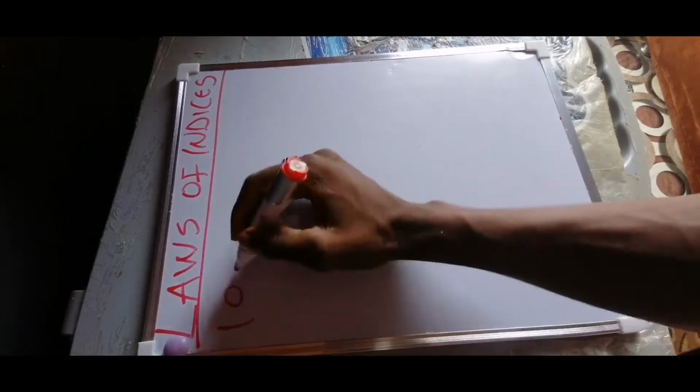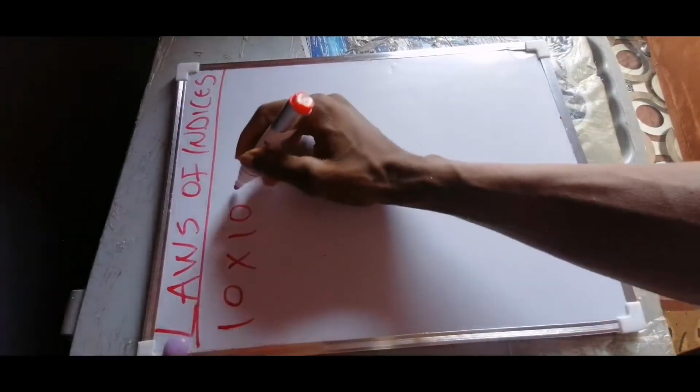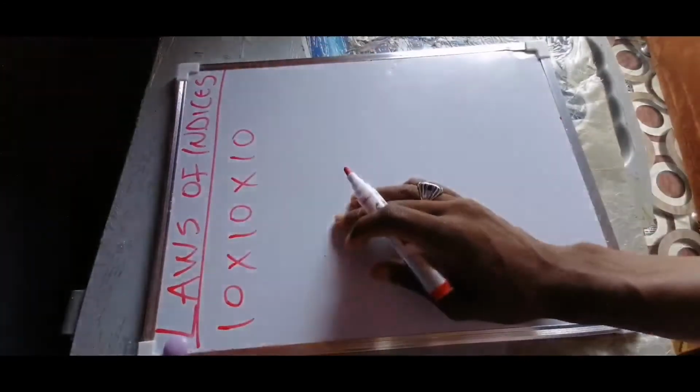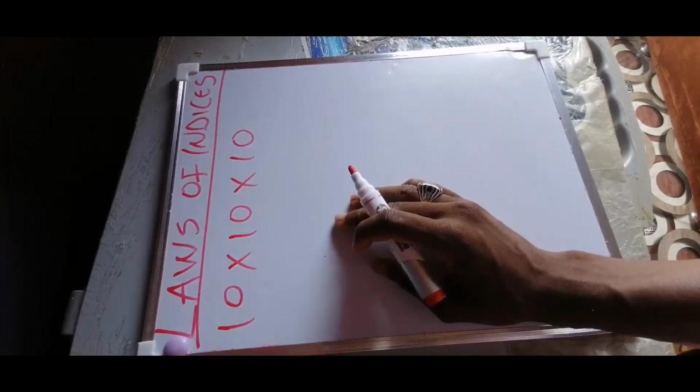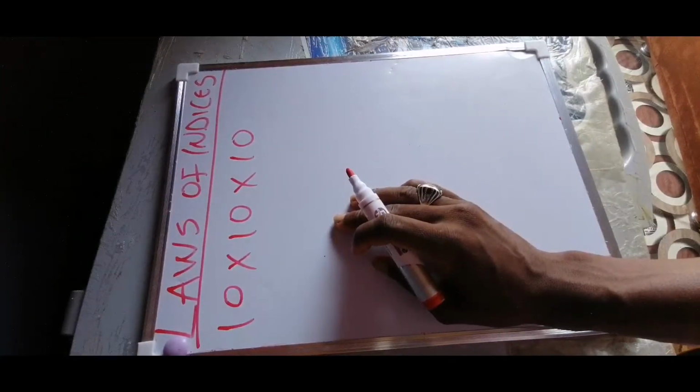Today I would like us to discuss some laws of indices. The first law says we have 10 times 10 times 10. So how are we going to write this as a law of indices?